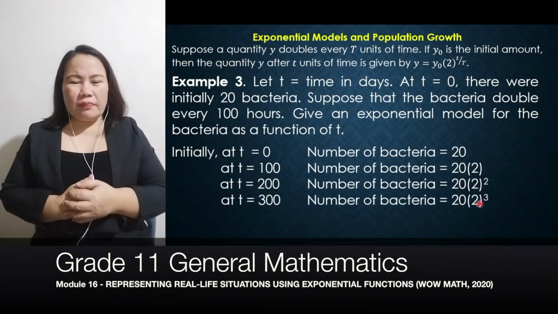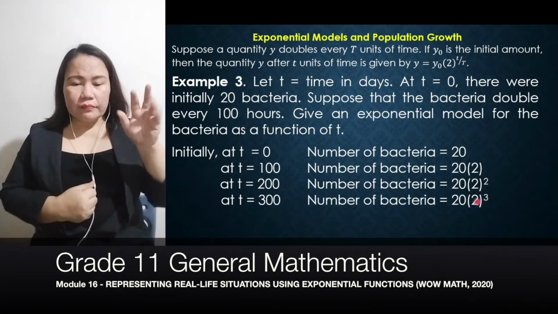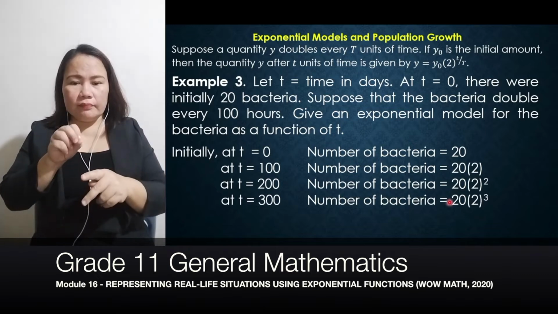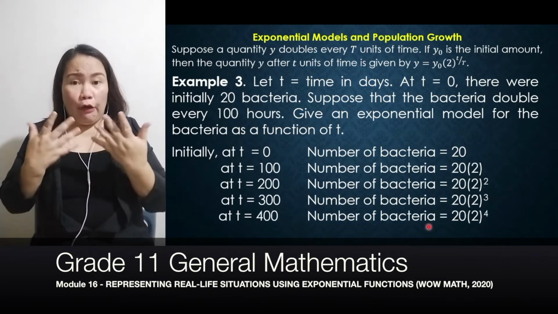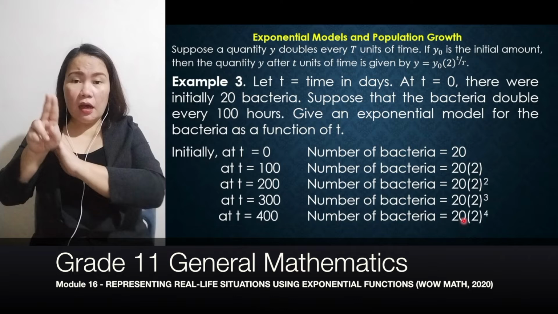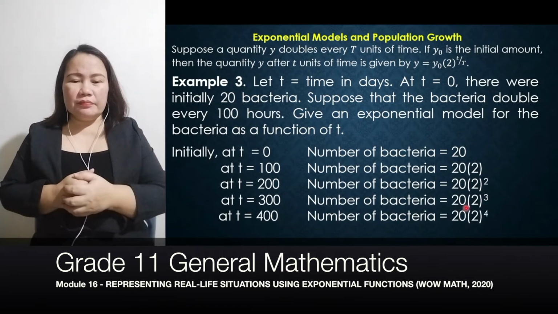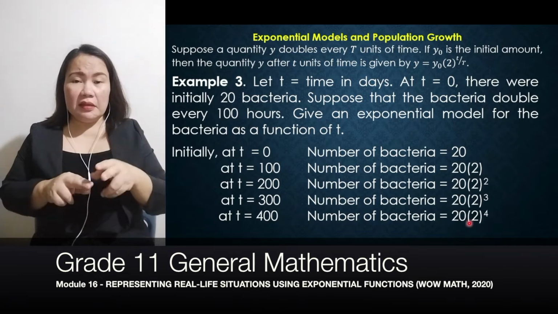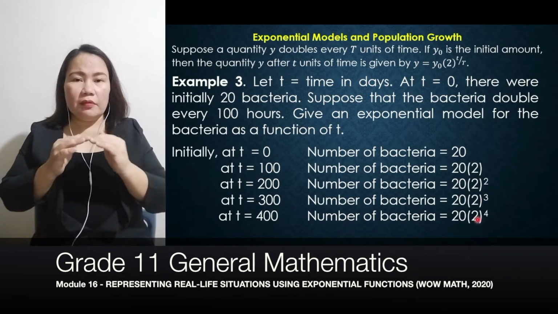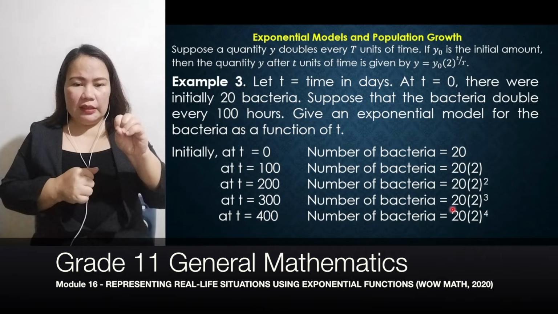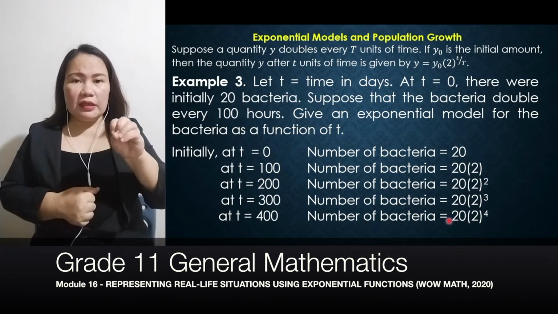So kapag sinimplify na 2 raised to 3, that is 8 times 20, that is 160. And then after 400 hours, this is now 160 yun kanina, so that is 320 na after 400 hours. So 2 raised to 4 is 16 times 20, that is 320.